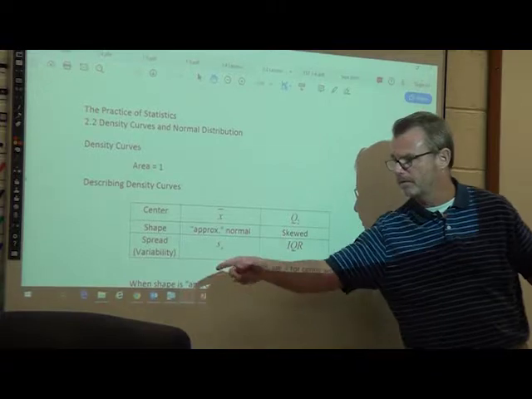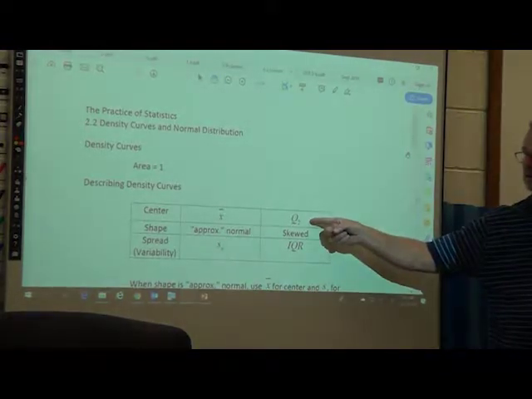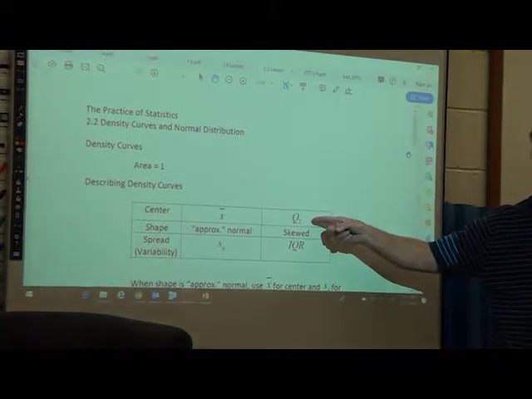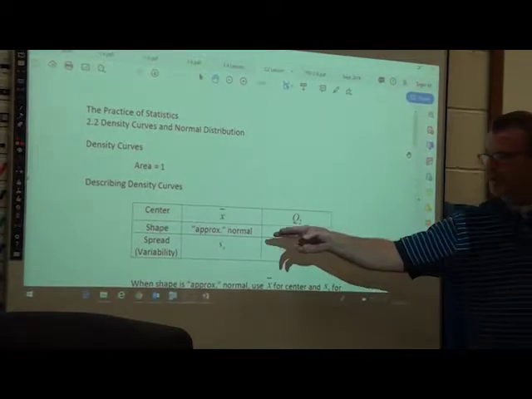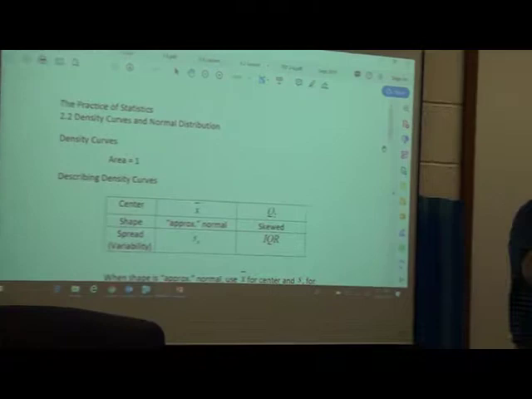If you use the median for the center, you're using IQR. Okay? And then we're describing the shape. Is it approximately normal or skewed?